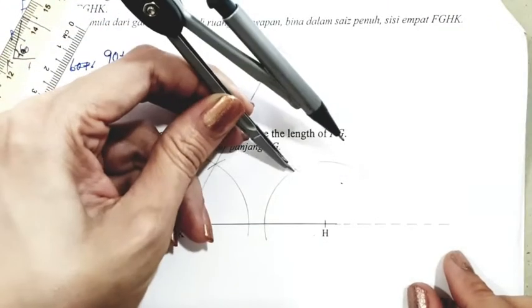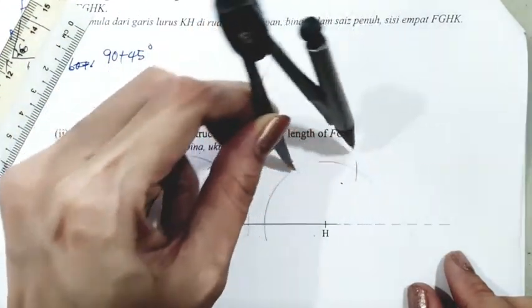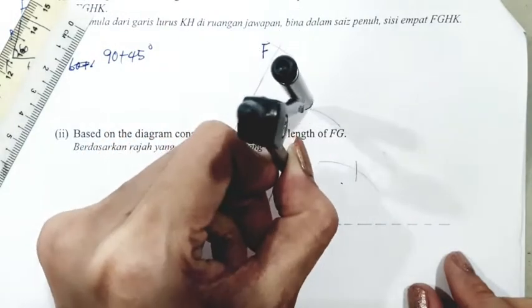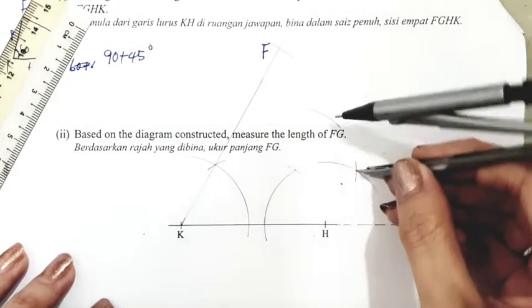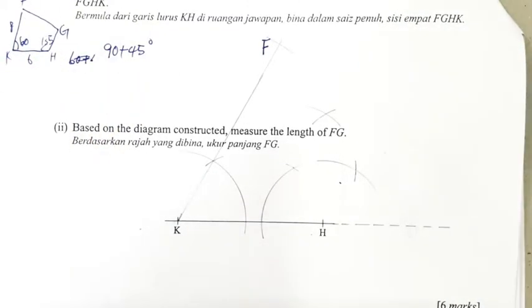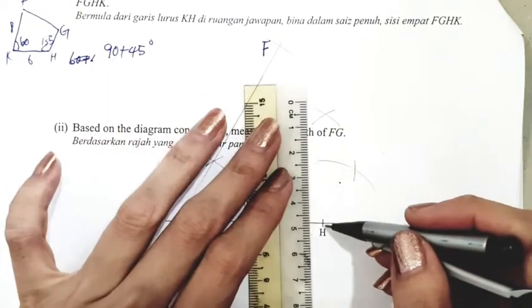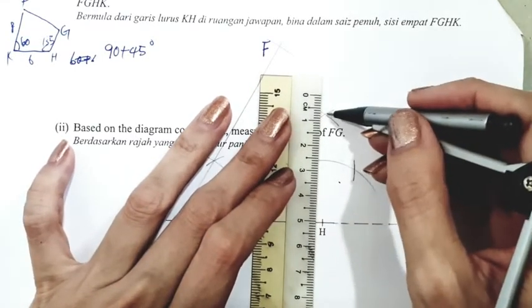Next, get my second 60. And then from here, bisect my second 60. Okay, and that should give me the 90 over here.